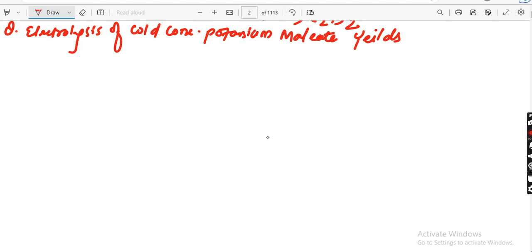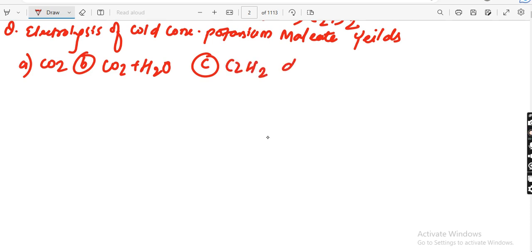So this is actually Kolbe's electrolysis, right? Option A is carbon dioxide, B is carbon dioxide plus water, C is C2H2, or D none.